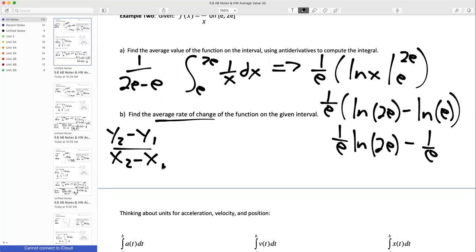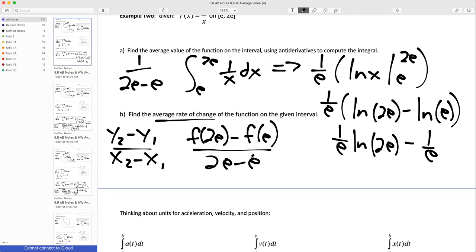They want me to find the average rate of change on the interval from e to 2e, so I need 2 y values and 2 x values, and I subtract. So I need f of 2e minus f of e over 2e minus e. All it is is the slope from e to 2e.